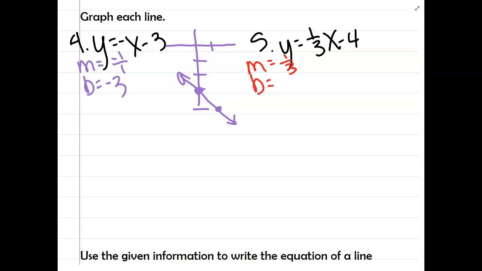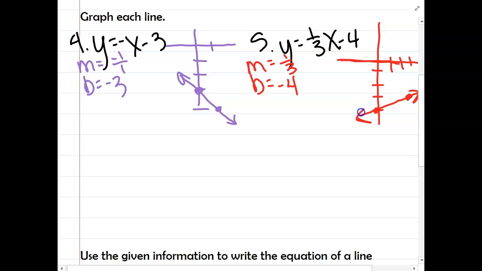My y-intercept, -4. Which of these do I plot first? You're going to go down 4 and put a point. And then what does my slope tell me to do? Up 1 over 3. Rise 1, run 3.